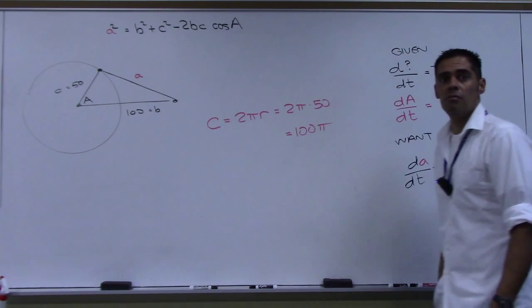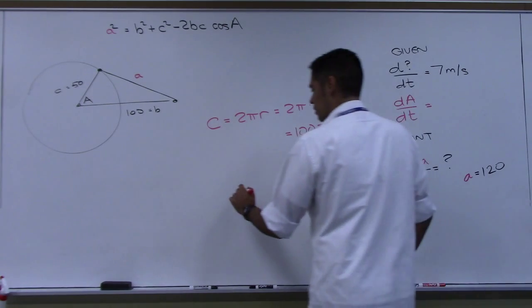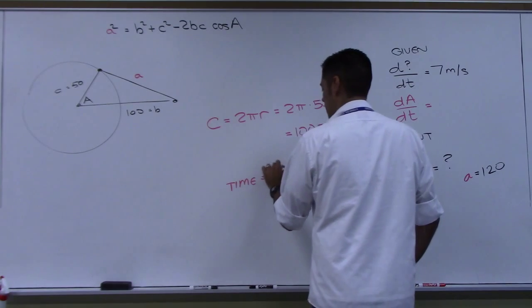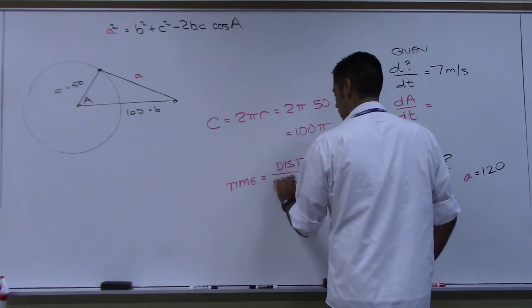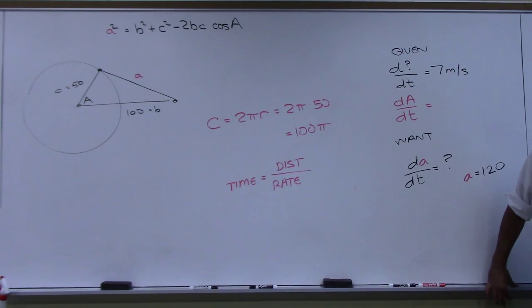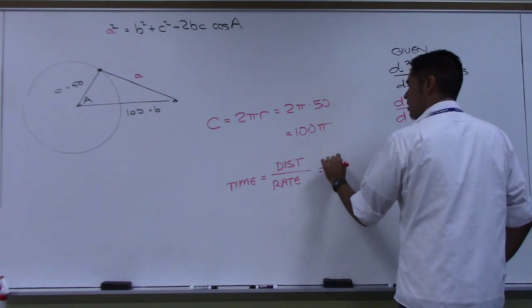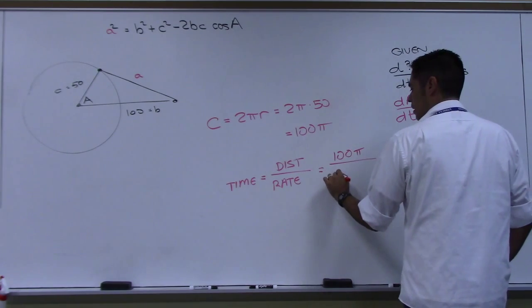How fast does she run? 7 meters per second. So how long does it take her to run that distance? The time it takes her should be the distance over the rate, shouldn't it? So the time, what's her distance? It's 100 pi. The rate that she's running is 7.